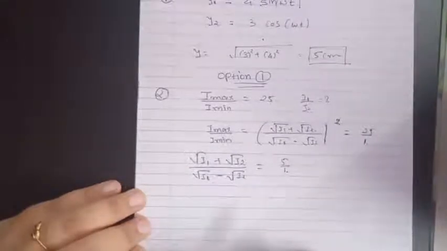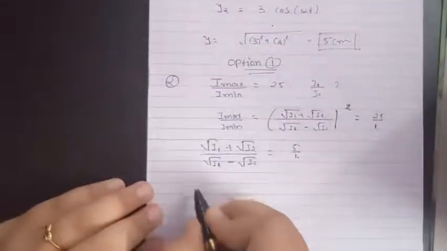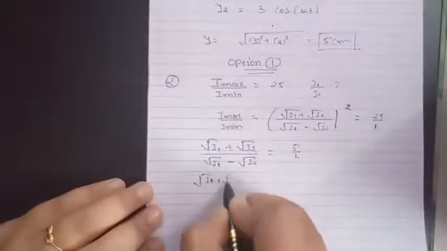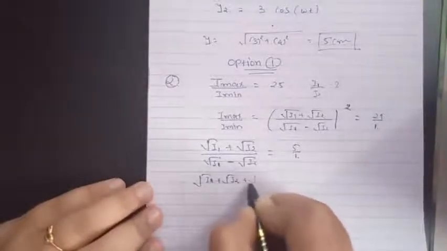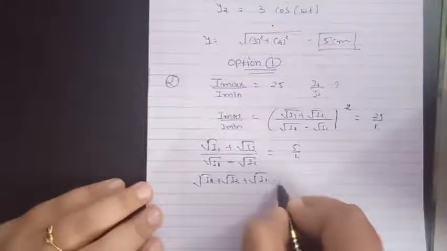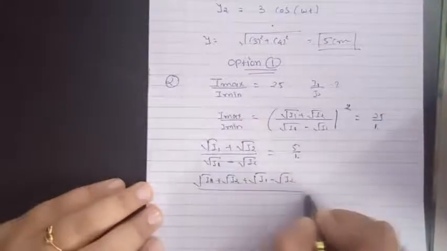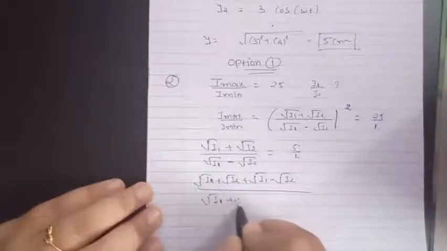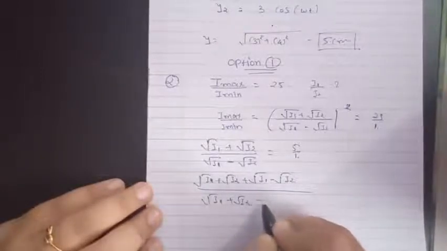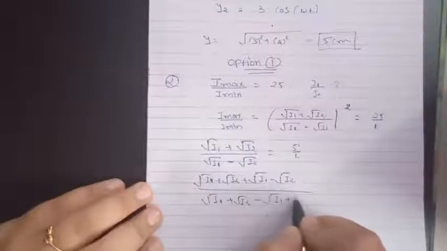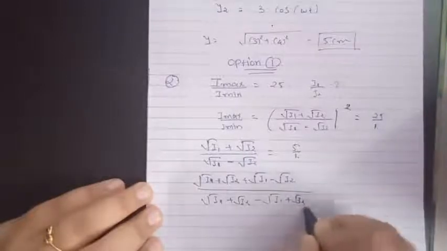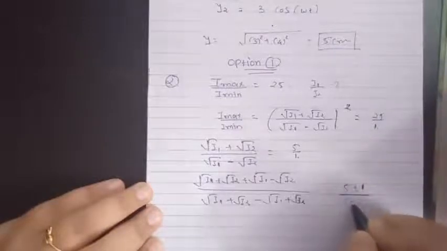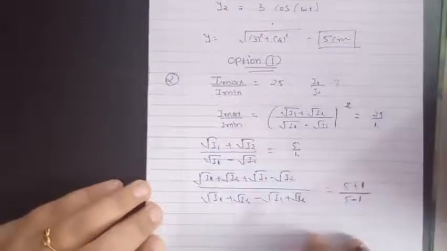Now use componendo and dividendo. We will get (root I1 plus root I2 plus root I1 minus root I2) divided by (root I1 plus root I2 minus root I1 plus root I2) is equal to (5 plus 1) divided by (5 minus 1).